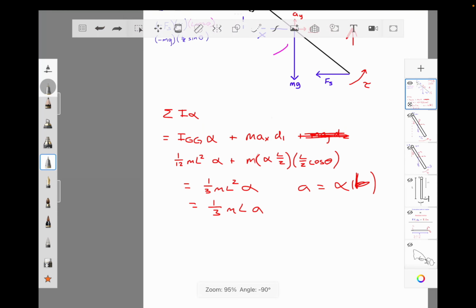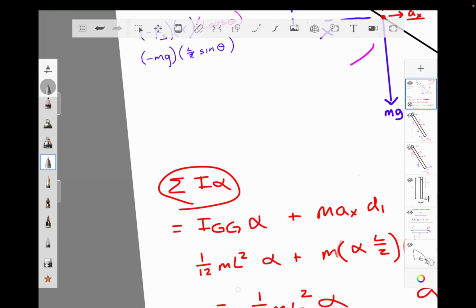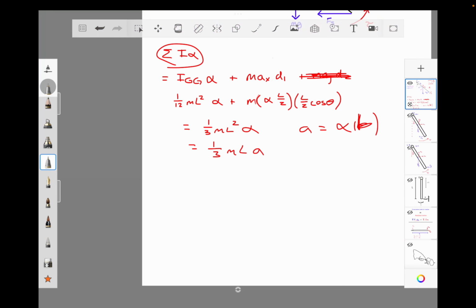So this is this side, and we have this side, so that we set them equal to each other.